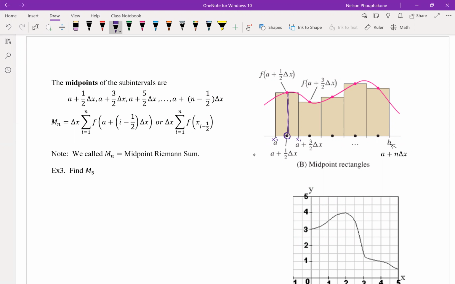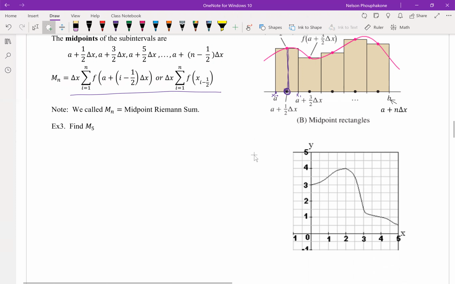So this is the idea about the midpoint Riemann sum. Of course, you could work with the notations. It's a little bit complicated, but the idea, I hope, is a little bit easier to understand. That is, we are looking for the middle between these two numbers. So let's see how we could use the midpoint Riemann sum to estimate the area now.